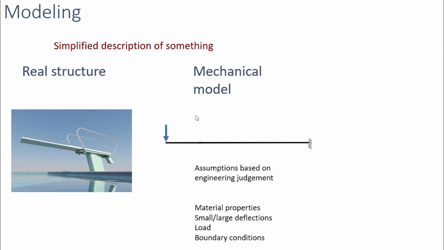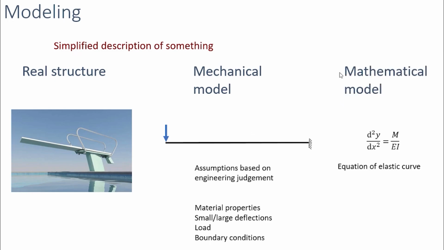Once this mechanical model is set up, we can make a mathematical model of this. The equation of elastic curve is a representation of this structure mathematically. Now we will be able to solve this equation and get the deflection of the structure.